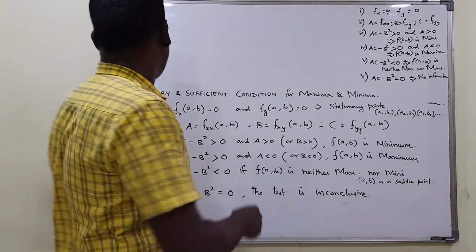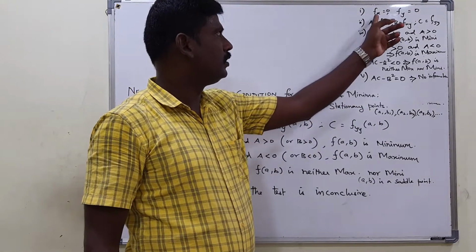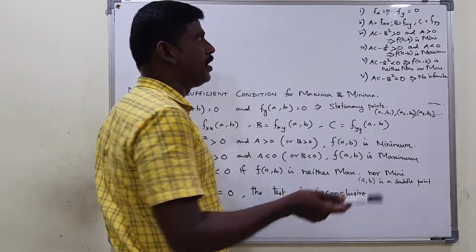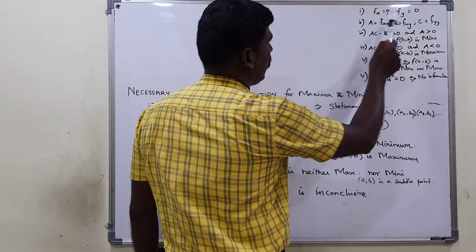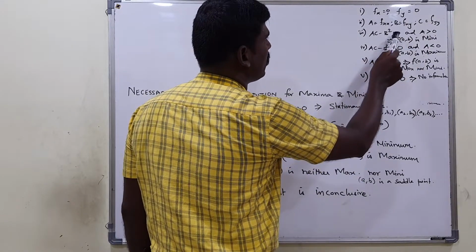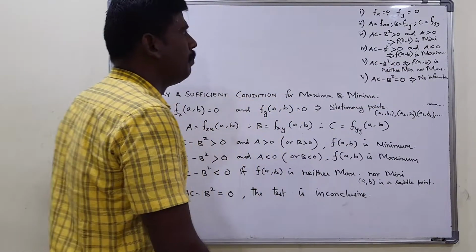So how to find the maxima or minima of a given function? By finding fx and fy and equating to 0, you can get the stationary points, and then also find A, B, C. Next, find the value of AC minus B square. If it is greater than 0 and A is also positive, then f of A comma B is minimum.